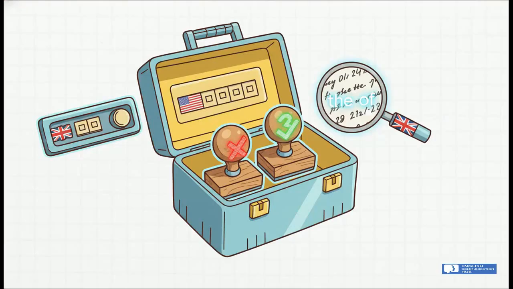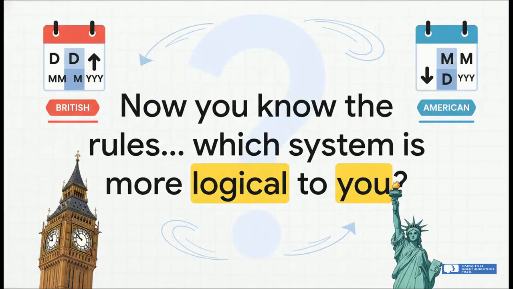And rule number 3, if you're speaking British English, remember to say those invisible words, the and of. And there you have it. The Great British versus American date debate is officially settled. So now that you really understand the logic behind both, the British smallest to largest approach versus the American month-first style, I'm going to leave you with one final question to think about. Which system do you think is actually more logical?